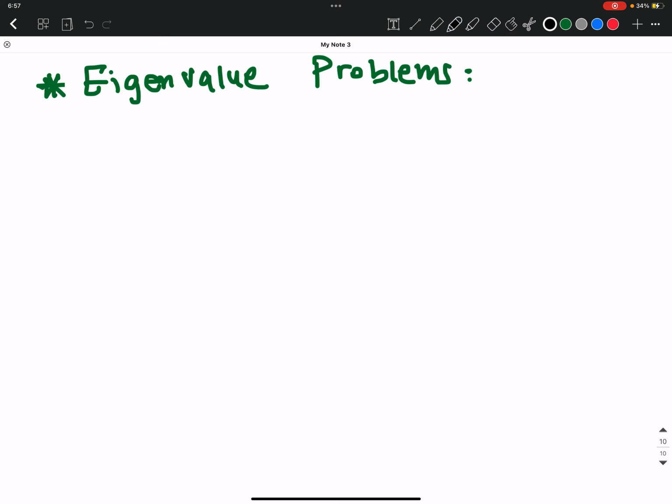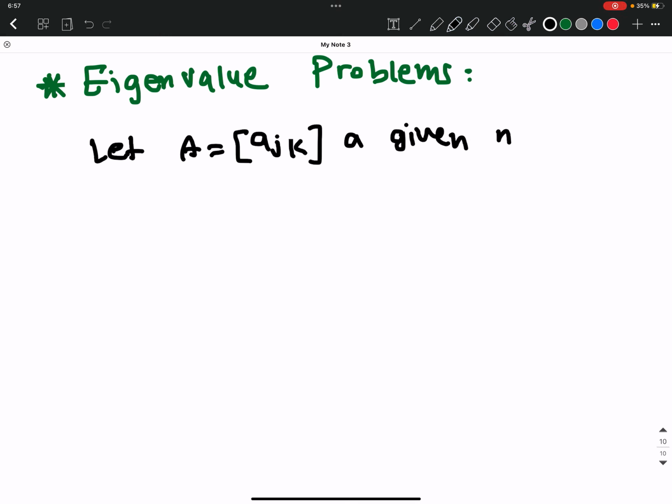So let's go to a given non-zero n by n matrix A. Okay, so let's assume we have this matrix A that is non-zero and is n by n.